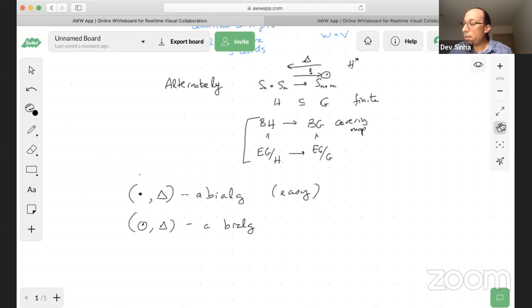And that's harder. And again, we'll have to come back to some of these facts. It's not too hard, but it's also a special thing about symmetric groups.